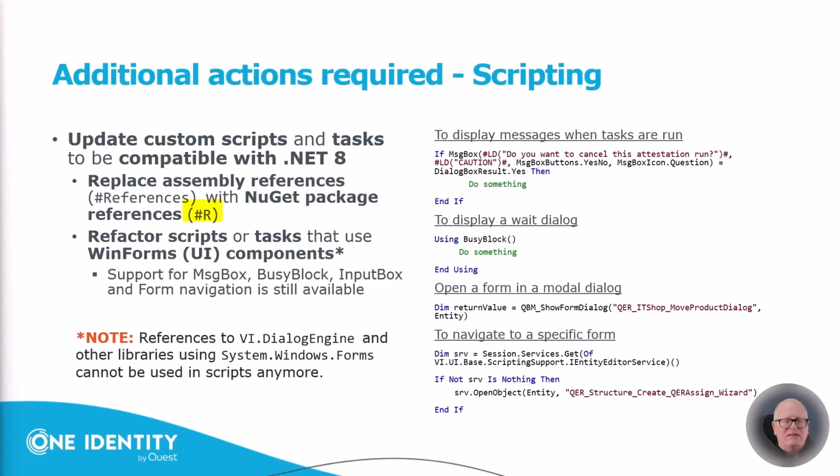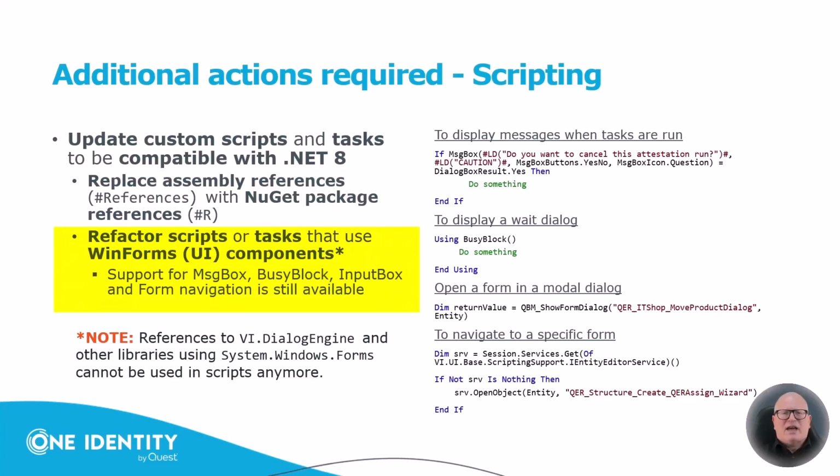And that means you have to convert all hash references in hash R. You can use hash references, but only if you are 100% sure that the component you reference doesn't have other references to other not referenced components.